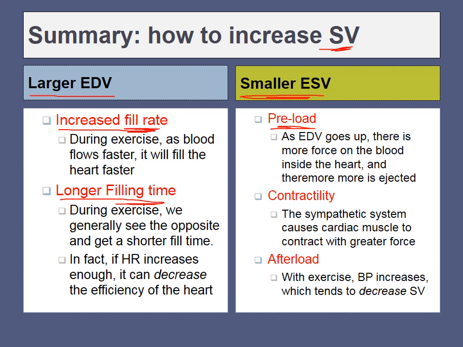And that's going to be because maybe I've got increased fill rate. I've got increased contractility, and all of these things go together because the sympathetic nervous system will cause all of these things to occur. But I also want a lower afterload. If my blood pressure is too high, that could be going against what I want, which is a smaller ESV.